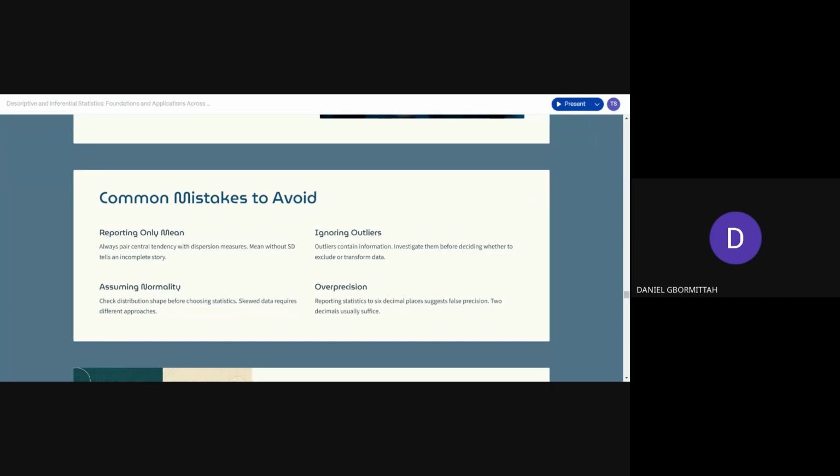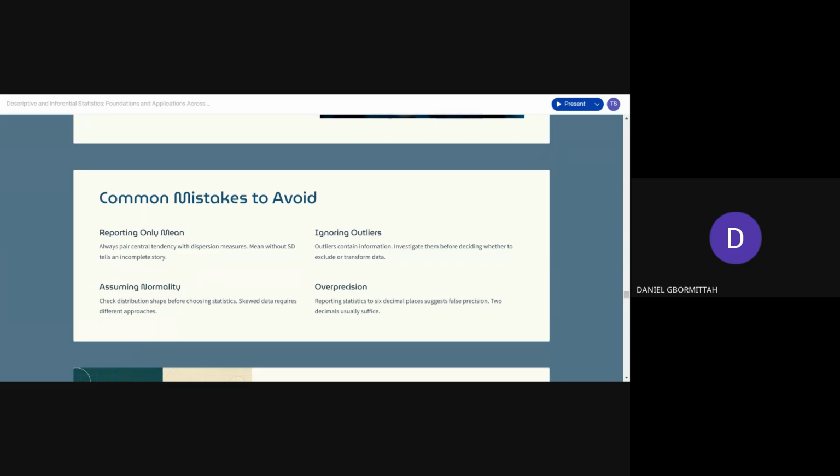The common mistakes we need to avoid when reporting only the mean: always pair central tendency with dispersion measures. So don't just mention the mean without the standard deviation or the variance. Otherwise, you will not be telling the complete story. Most often you see students reporting the mean without a standard deviation.